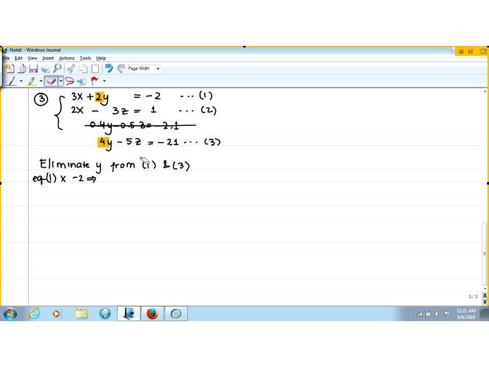So when I multiply by negative 2, what do we have? Negative 6x minus 4y equals 4, right? What do we do with equation 2?